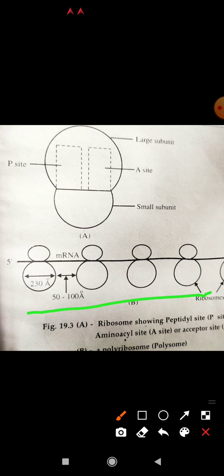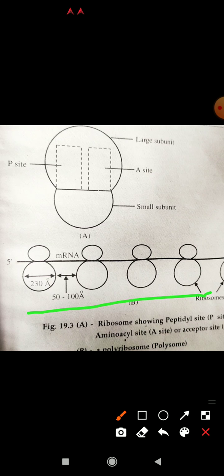Now we will see the role of ribosomes in protein synthesis. The actual role is that it is the site of protein synthesis. So protein synthesis takes place here only. The 5' end of mRNA is first attached to the smaller subunit.